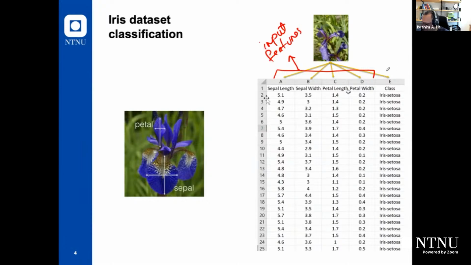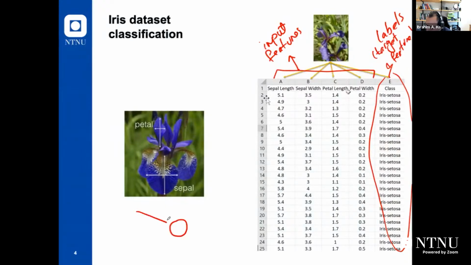And the 5th column here is the labels, or we can call it the target feature. If you want to use a neural network or a perceptron for solving this problem, we need to have a model, and this model will have those A, B, C, D inputs. So it will be like this one.